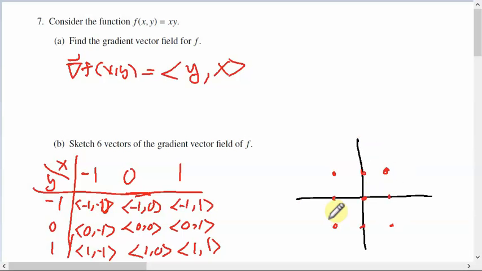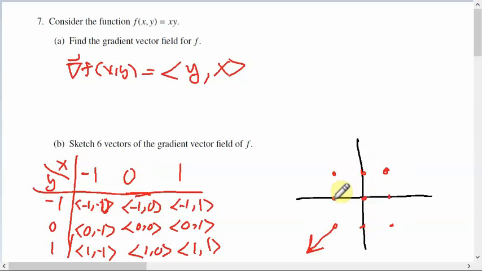All right, so at -1, -1, I get the vector -1, -1. That means it points -1 in the x, -1 in the y. So it's going to be pointing here. And then let's go -1, 0.